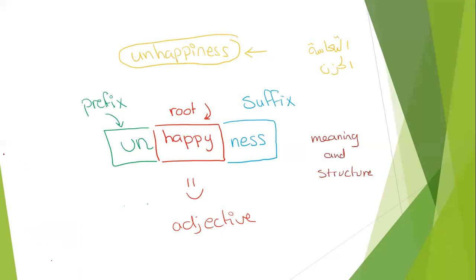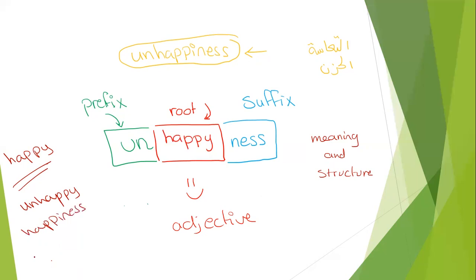يبقى from the word happy now I can have many derivatives. Derivatives يعني مشتقات. أقدر أطلع من الكلمة كلمات تانية كتير شبهها بس مش نفس المعنى ومش نفس التركيب. يعني أقدر أقول unhappy. I can also say happiness.